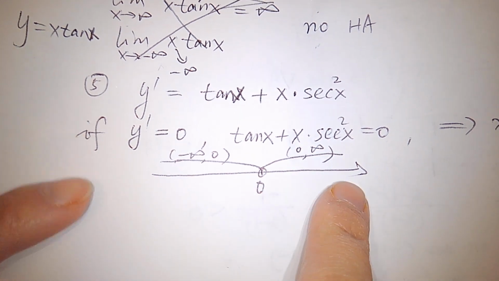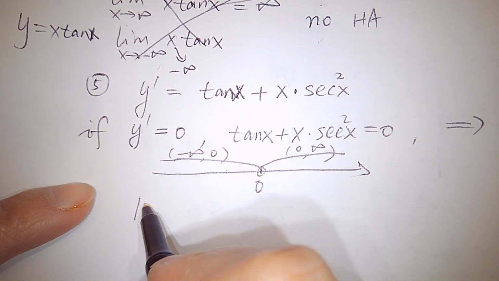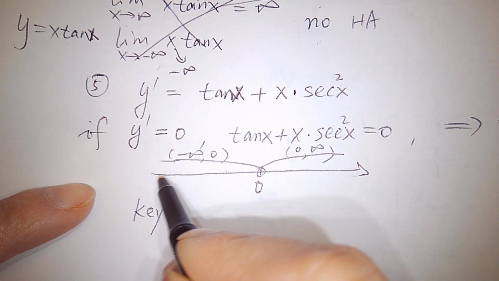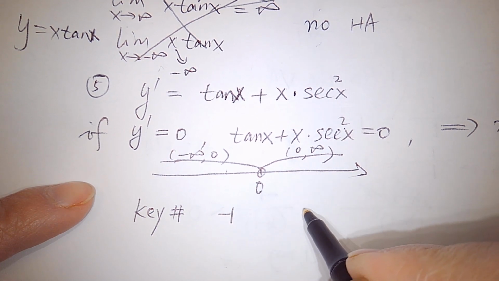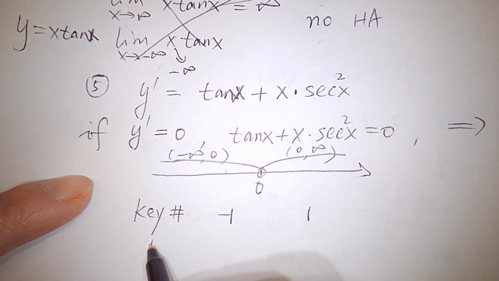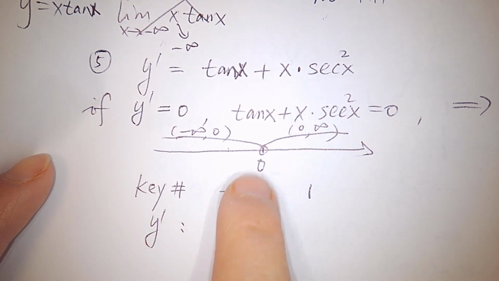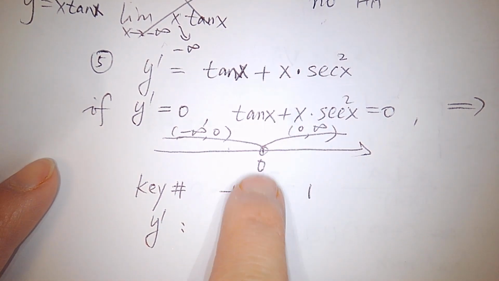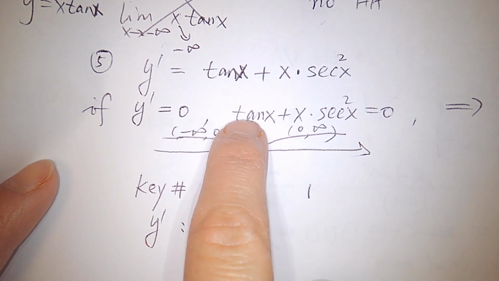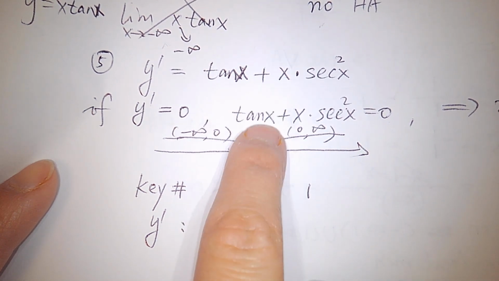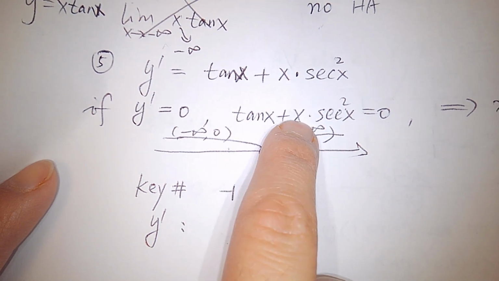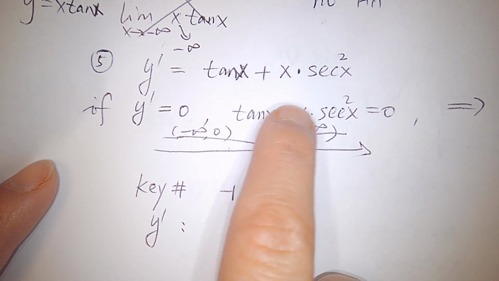Since it is a critical number, we're going to divide the number line at x equals 0. Then on the two intervals, choose key numbers. This interval, let's choose negative 1. This interval, let's choose 1. How about the signs for y prime? When x equals negative 1, tangent of a negative number is negative. Negative times positive is negative.